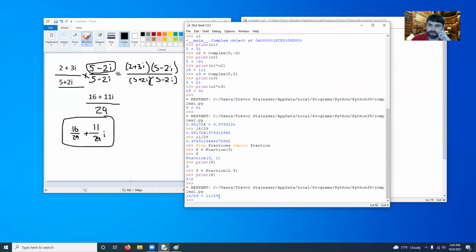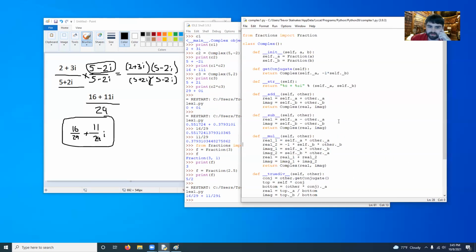But there's one more thing. Is this 11 over 29i, or is this 11/29 times i? The difference might not seem very big because we know what's going on, but imagine you didn't write this program. 11 over 29i is a lot different than 11/29 times i.